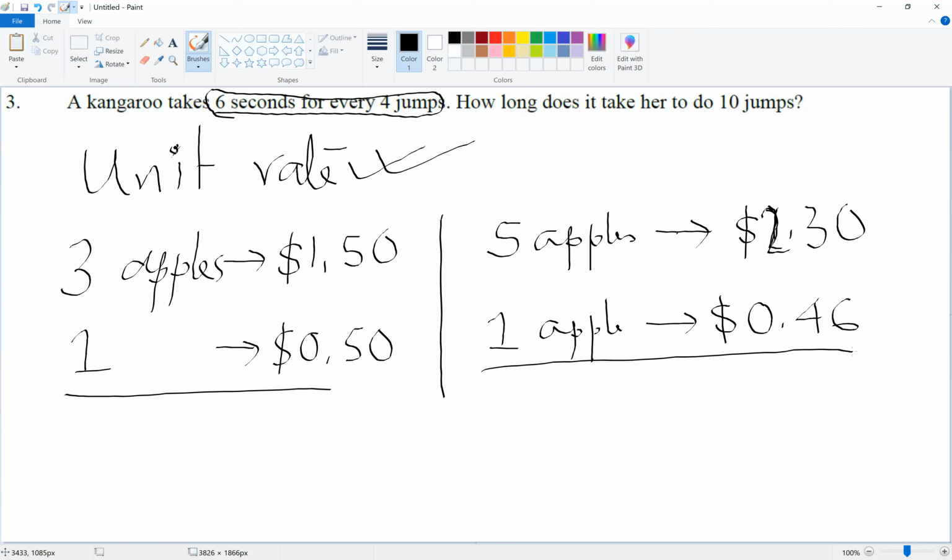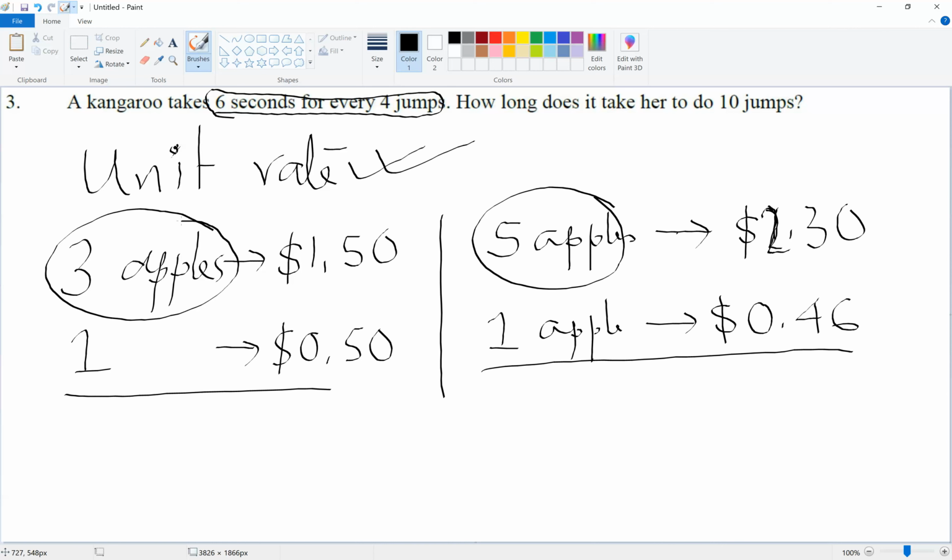So we use it for comparison of prices or volume of things, and anything that has a comparison needs to be done when the given units are not the same. When the given units are not the same, you can always go back to the unit rate in order to compare.